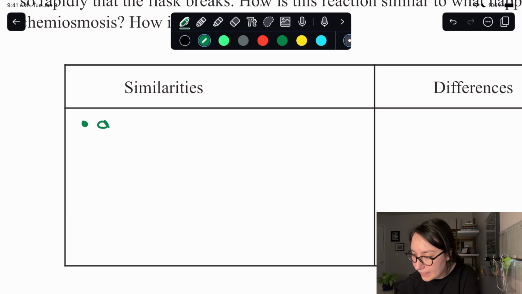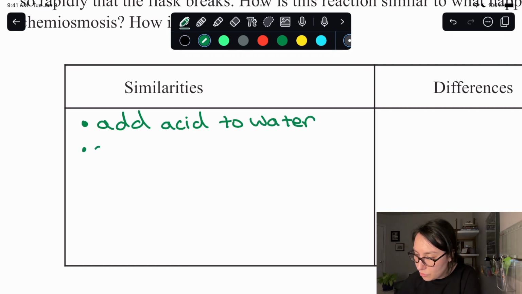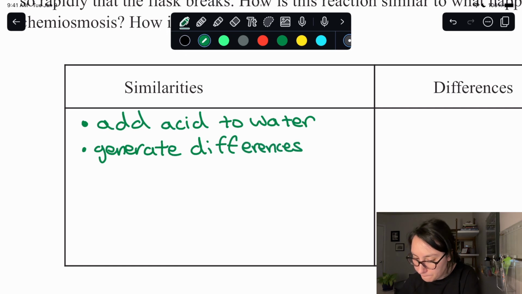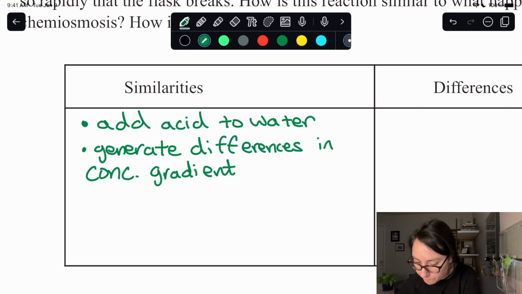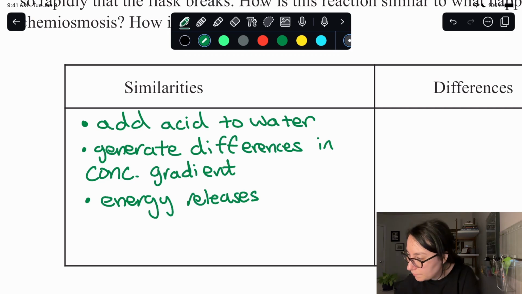In both, we add acid to water, generate differences in concentration gradient, and energy released as forms of heat.